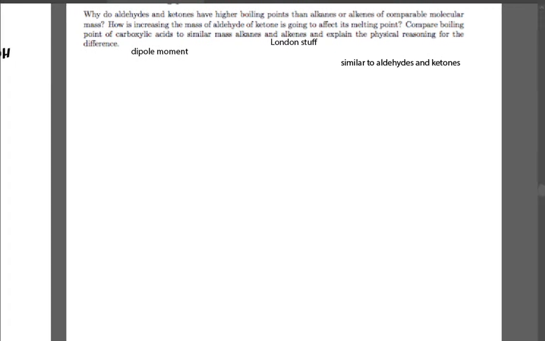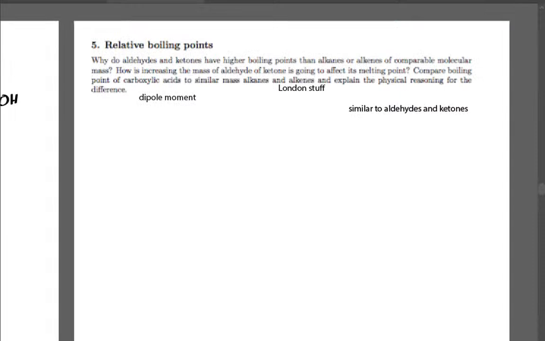Okay. Next up, why do aldehydes and ketones have higher boiling points than alkanes or alkenes of comparable molecular mass? Because of its dipole moment.